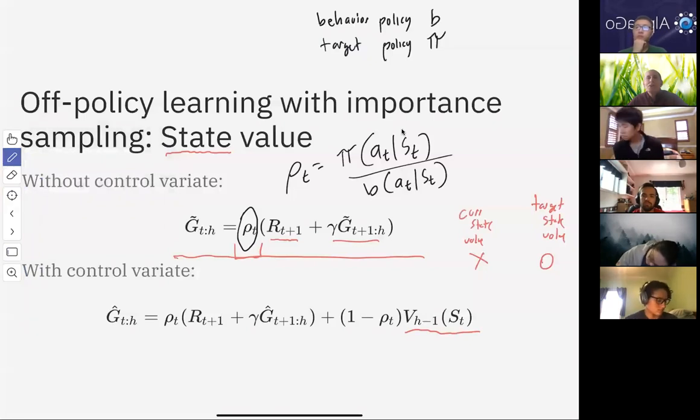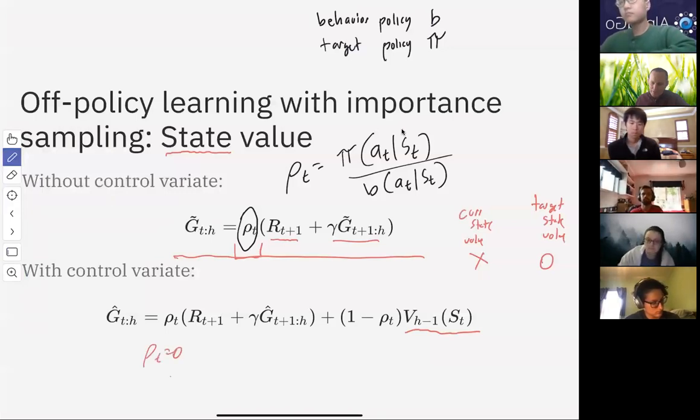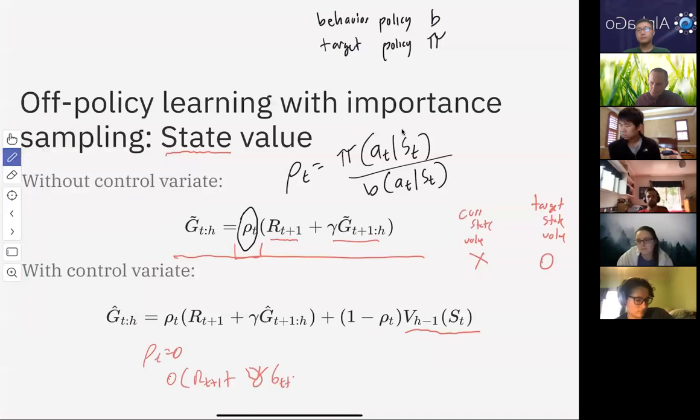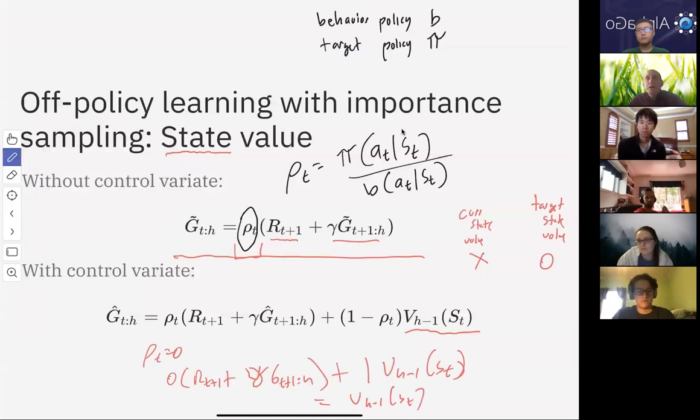If we say that we're going to use our current value function for the state if rho is 0, then basically we're going to have 0 times that plus 1 times our current value.